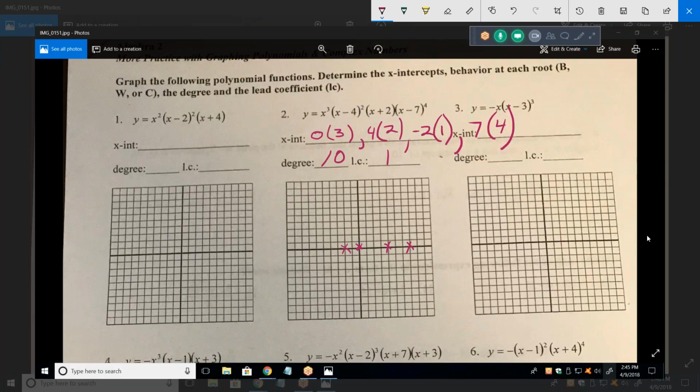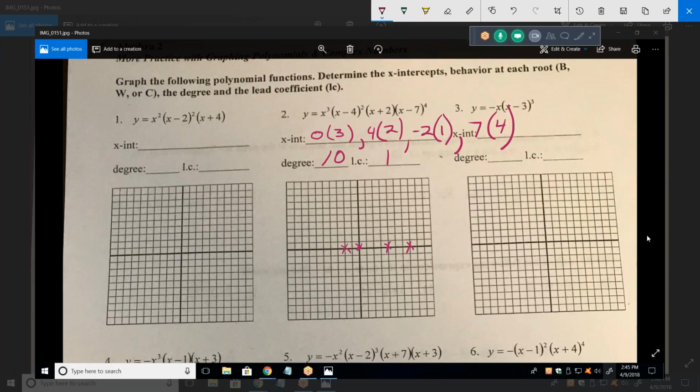What's the next thing we want to do? Graph it. End behavior. If we figure out end behavior next, we won't have to come up with two different curves. We will know whether it starts from down there or up there. It's going to start from one or the other.